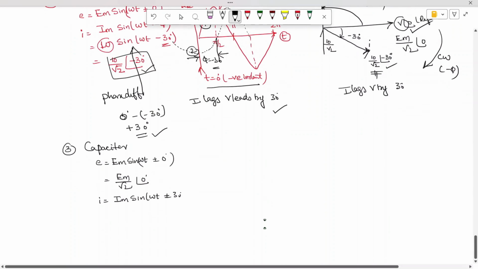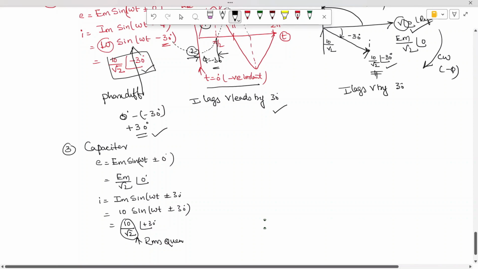Taking an example, 10 sin(ωt ± 30 degrees). In polar form, this is 10 divided by root 2 at an angle of 30 degrees. So this quantity is nothing but an RMS quantity.